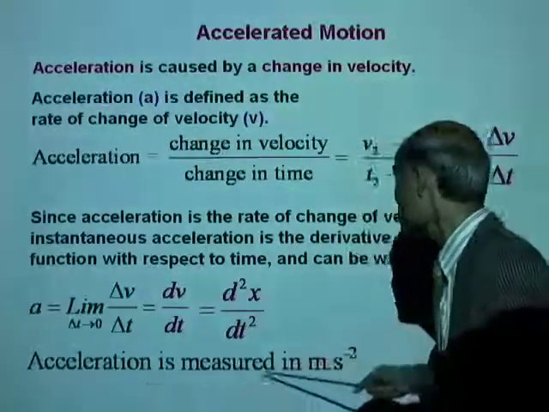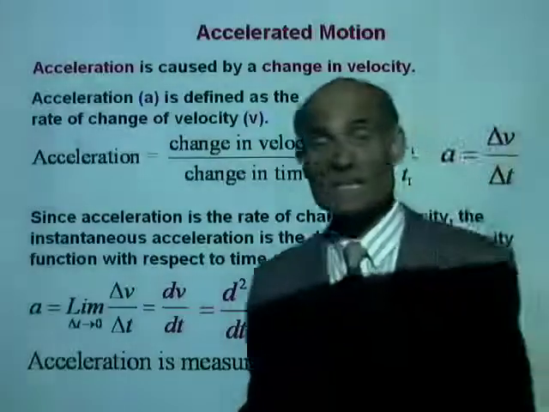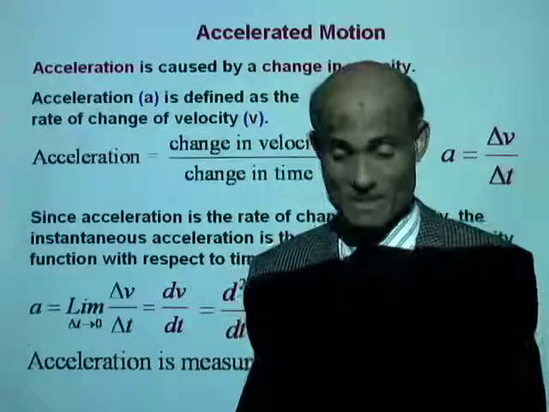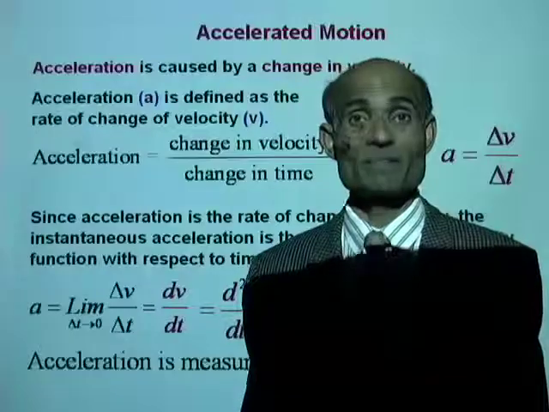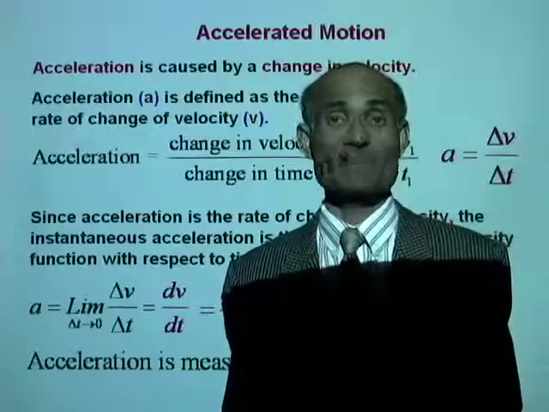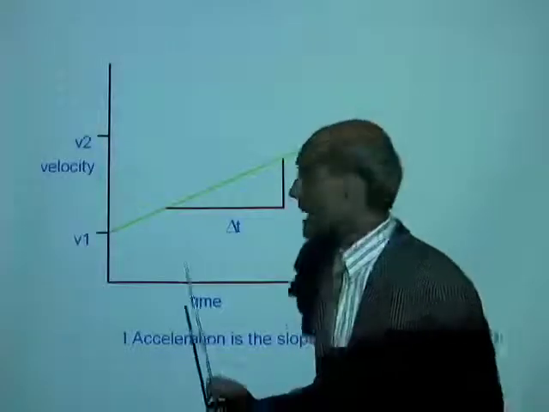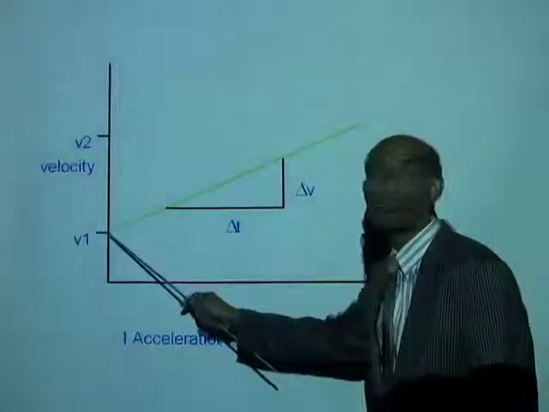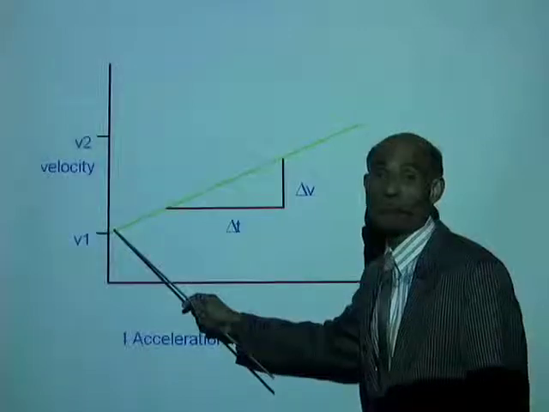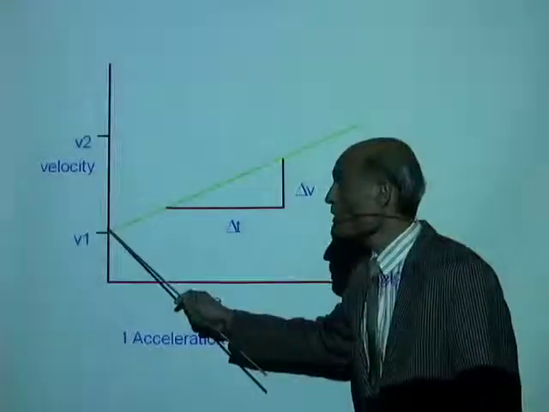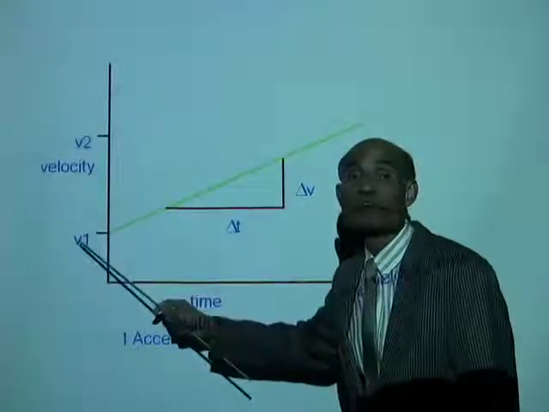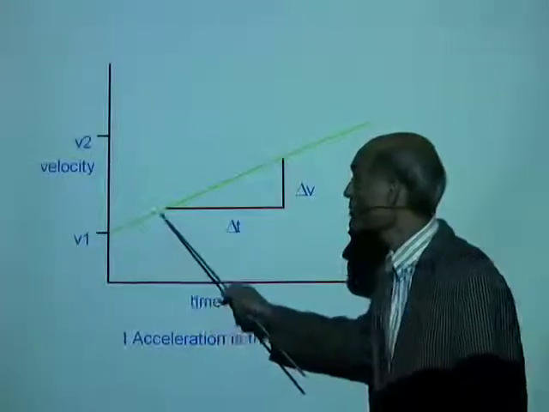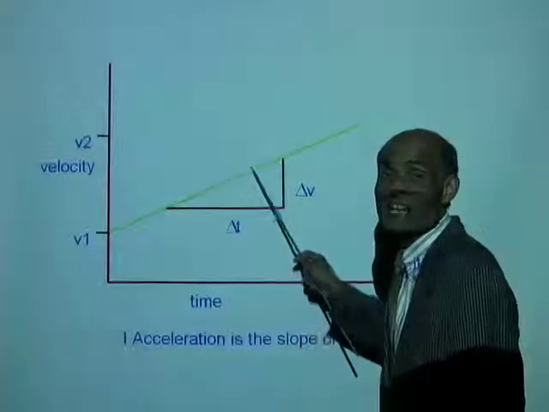So, acceleration is measured in meter per second squared. We just talked about that a while ago. Let's now look at the plot of velocity against time in this case. Can you talk about this? The initial velocity of the particle is v1 and the velocity increases steadily.